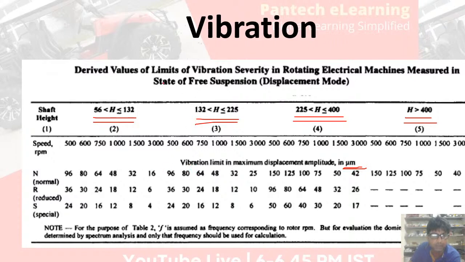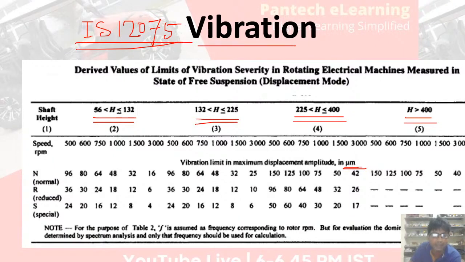If you put the transducer, where the transducer is to be kept, based on the machine construction, all these things will be specified. This table is taken from IS 12075. So in this standard, where I have to put the transducer to measure the vibration and what the maximum limit should be, everything will be specified.